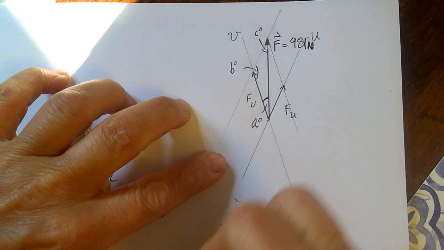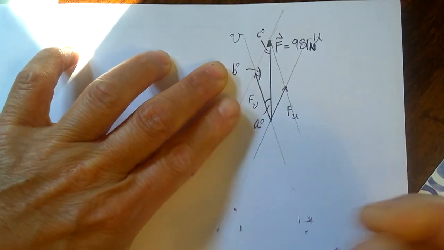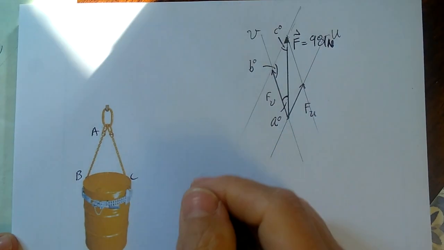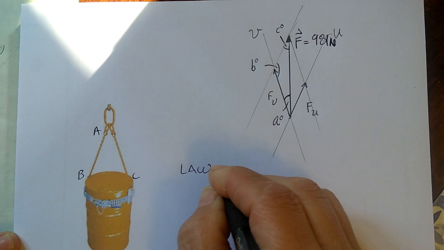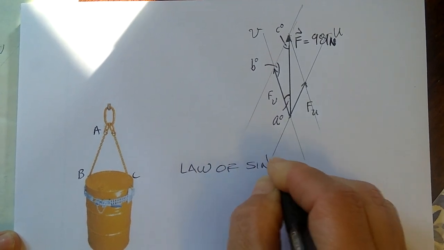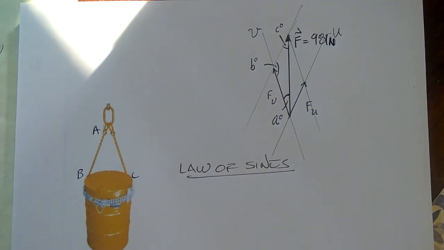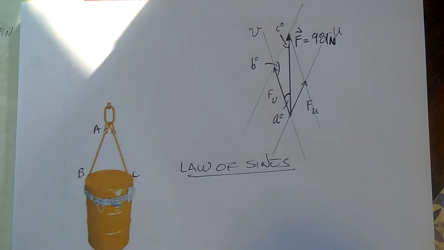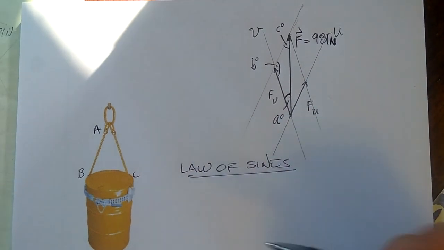So the law of sines is just a ratio of the sides to the angles.